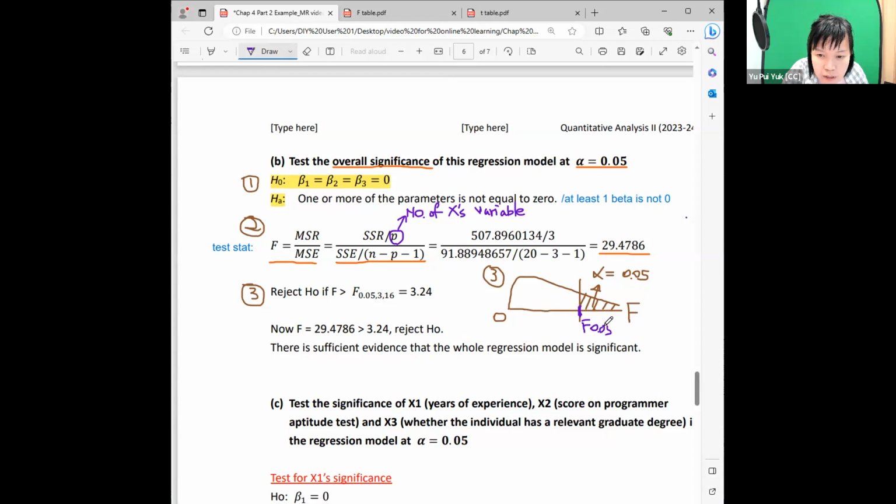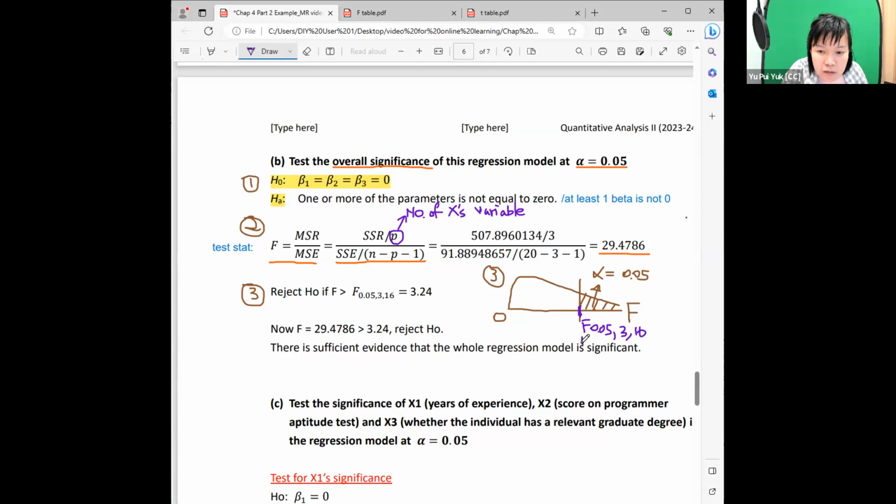So the degrees of freedom: the first one, numerator, is 3. The second one, denominator, is 20 minus 4, which is 16. We check from the F table and we get this value, 3.24.